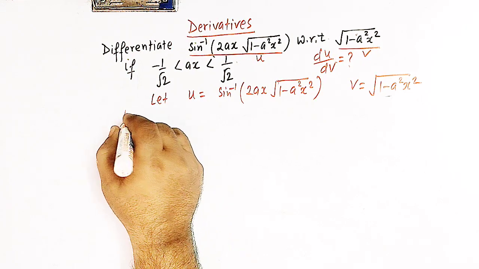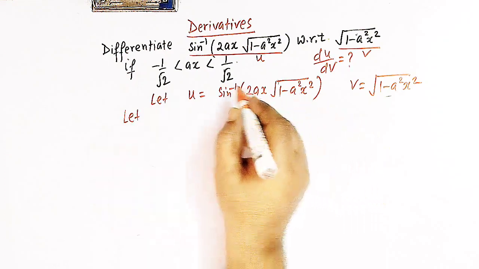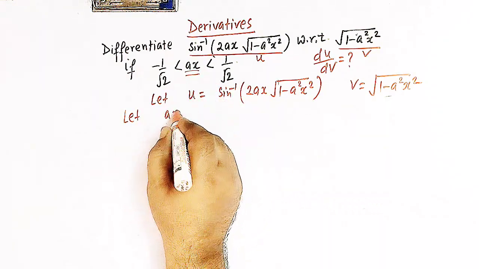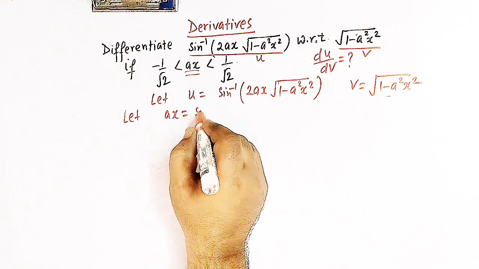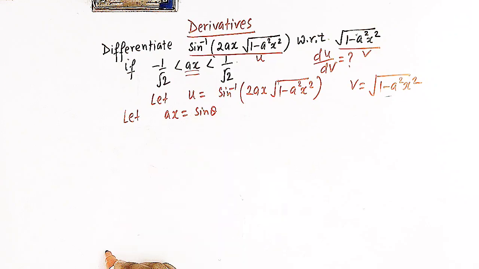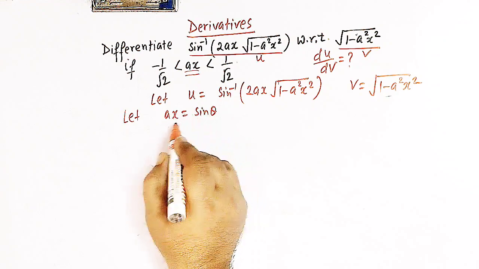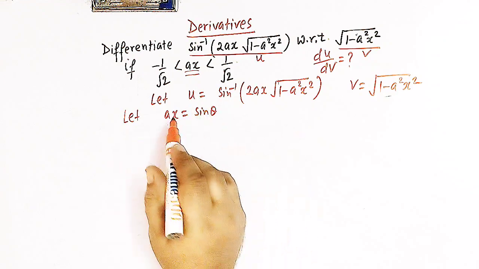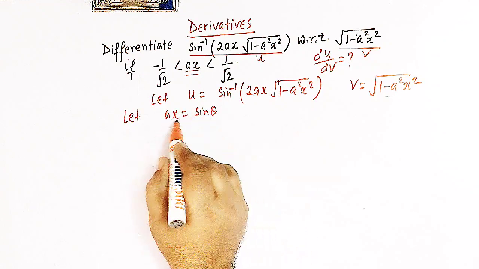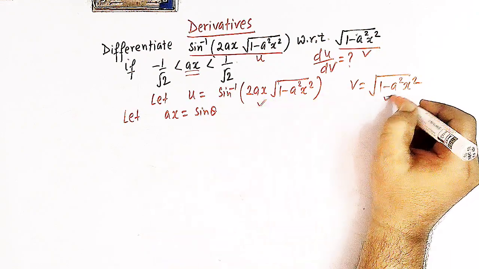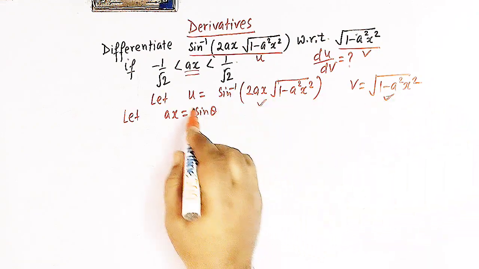Let us assume ax equal to sine theta, so that x is 1 over a times sine theta. If we substitute ax equal to sine theta in u and v, let us see what we get.